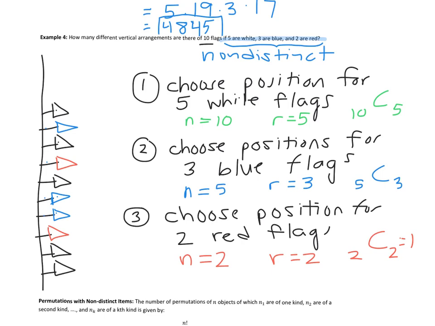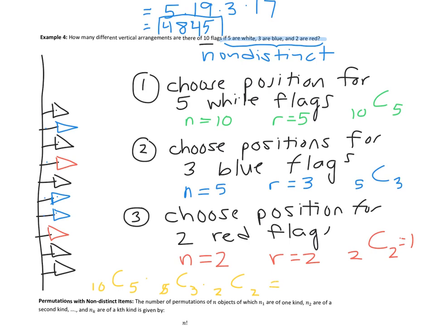As far as the sequence of choices goes, we're going to use the multiplication rule. We had 10 choose 5, and then 5 choose 3, and then 2 choose 2. If you go back and use the formulas, you're going to be able to cancel a lot of factorials.